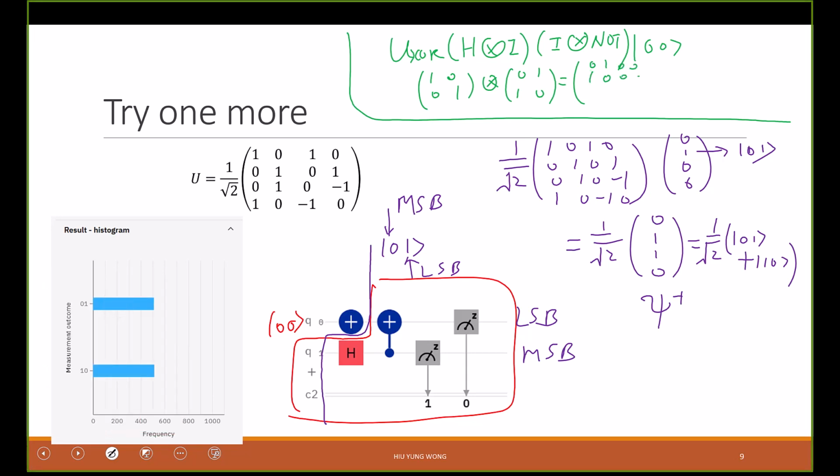And if I apply this to 1, 0, 0, 0, what do you get? Which is 0, 0 here, right? You apply it to here, what do you get? 0, 1, 0, 0.